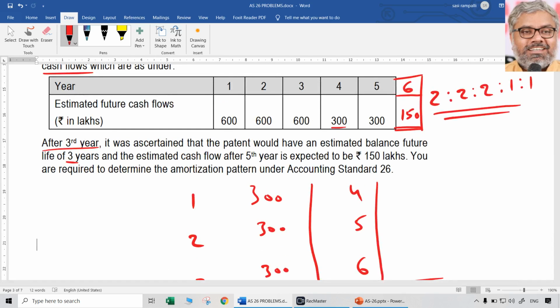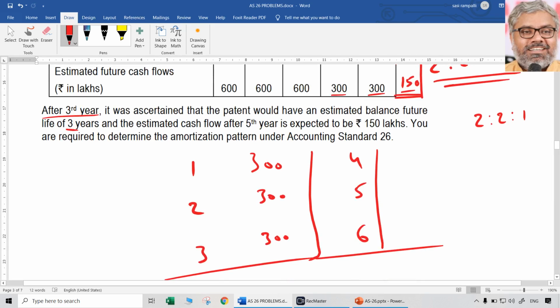Now 300, 300, 150. In other words, now we can say 2 is to 2 is to 1. But how much amount has to be amortized? 300 has to be amortized. So you can say like this also, 300 divided by 750 into 300. That is 120 in the fourth year. Again 120 in the fifth year, naturally 60 in the sixth year. So 120 plus 120 plus 60.